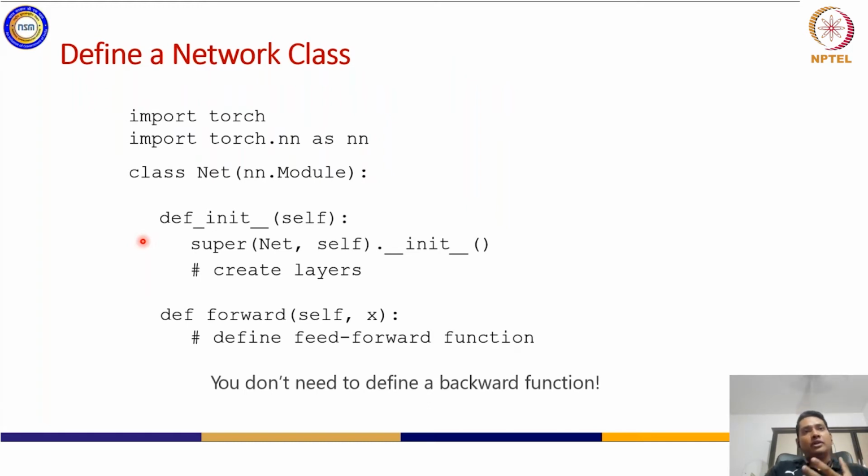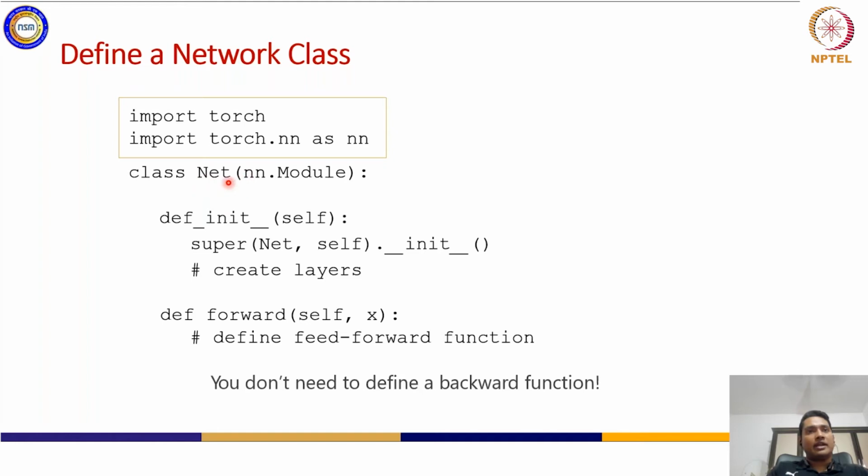So how to define one network class? Here, first we need to import the packages. Basically, the torch.nn package we have imported as nn, and then we need to define the class for our network module. Now class Net here is the DNN model that we want to define.